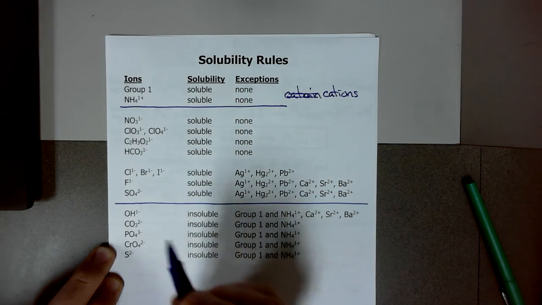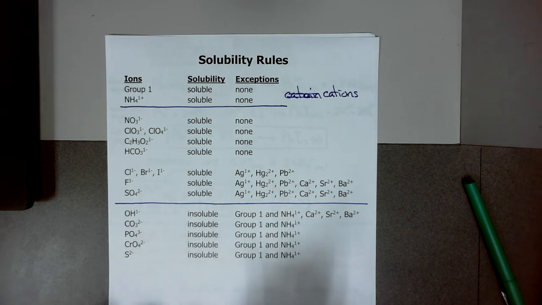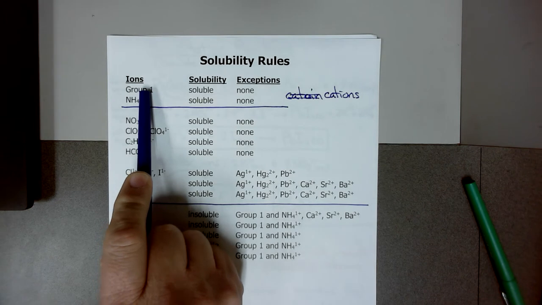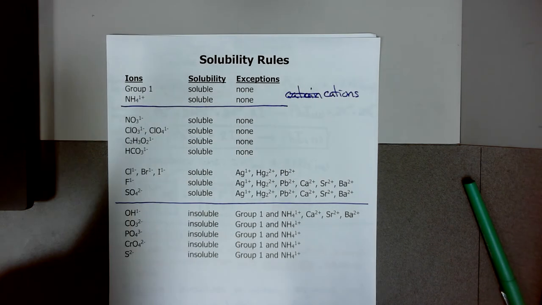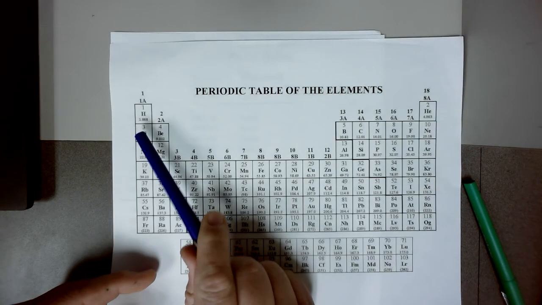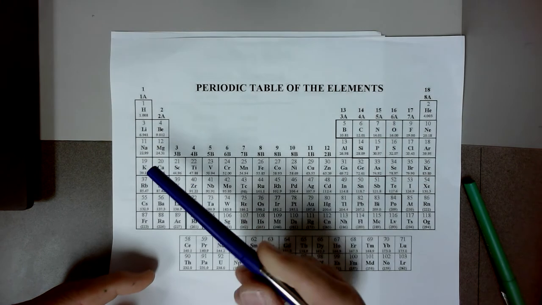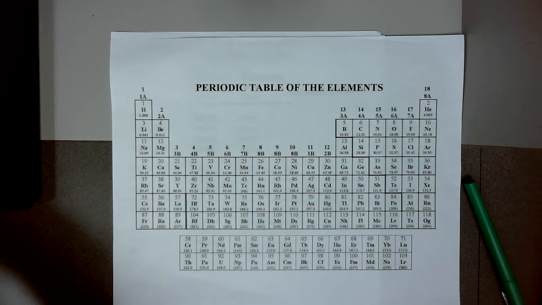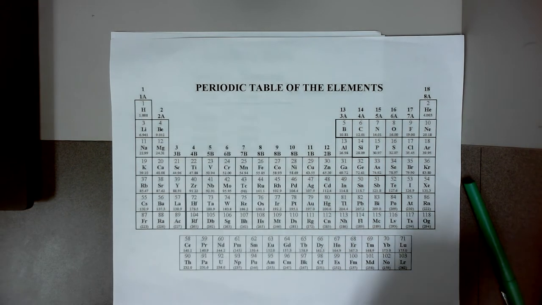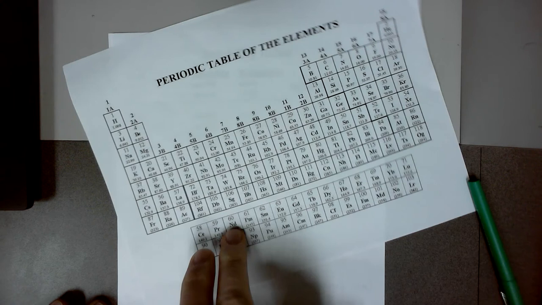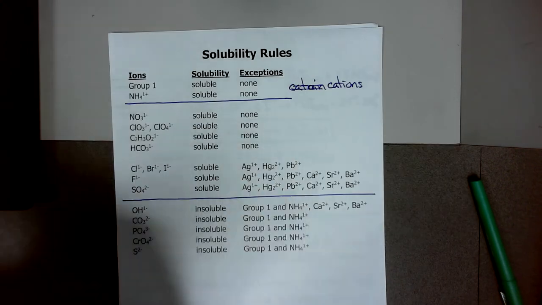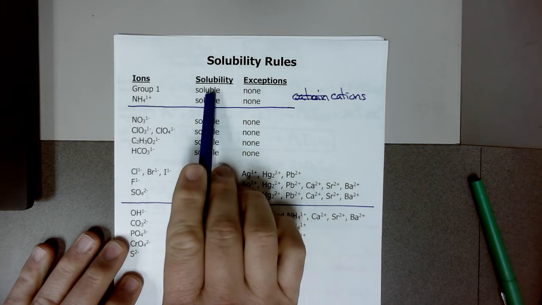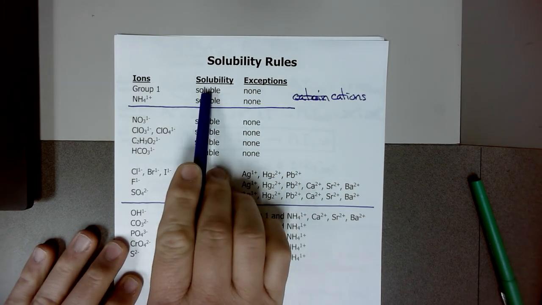Okay, so as I look at this, anything that has group 1, and remember group 1 cations are lithium, sodium, potassium, rubidium, cesium, and you can even think of hydrogen as one of them. Anything that has these group 1 cations is always soluble. There are no exceptions, so they're always aqueous.